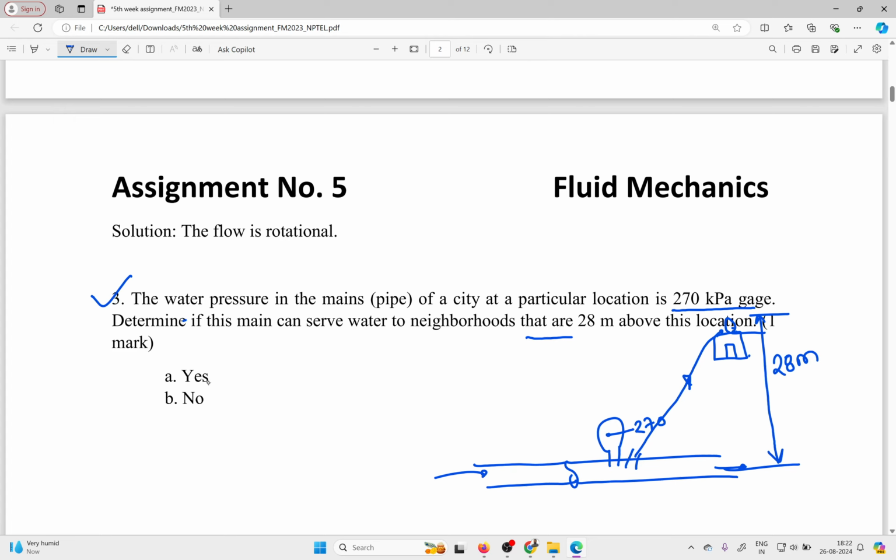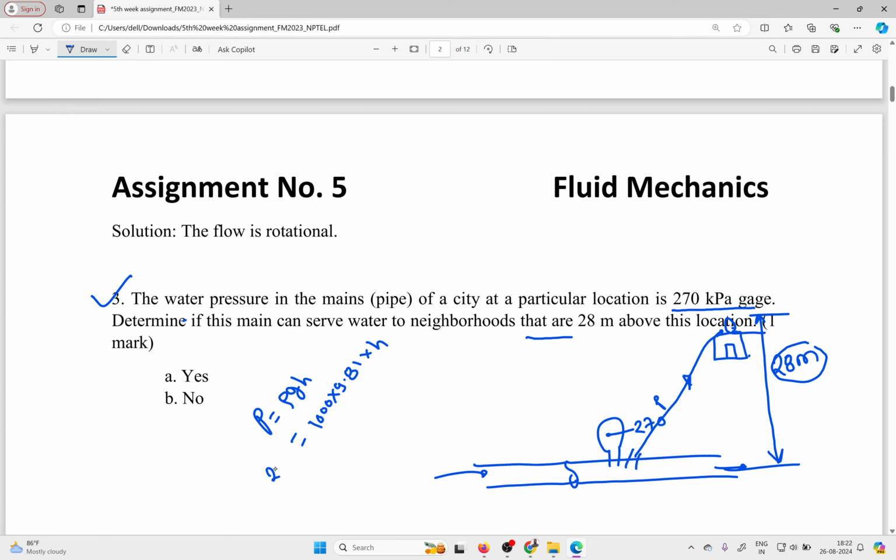So basically, what is your pressure? Here you have the unit in meters, so you need to convert this 270 pressure in terms of meters. How will you convert? Pressure is equal to rho g h, so 1000 into 9.81 into h.